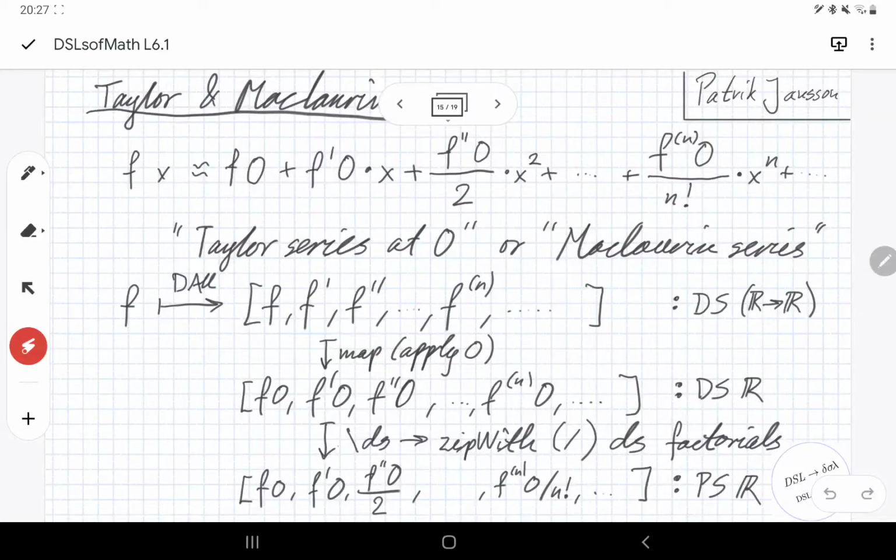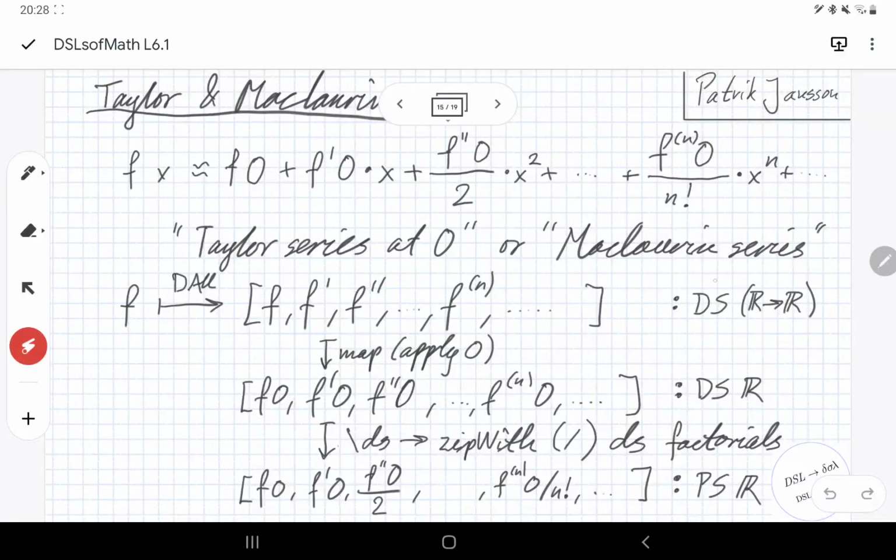So the first step is to take the function f to an infinite list of the function and all its derivatives. And here I really mean all. It's an infinite list. So the first element is the function itself. The second is its first derivative, second derivative, nth derivative, and so on. And what type does this have?